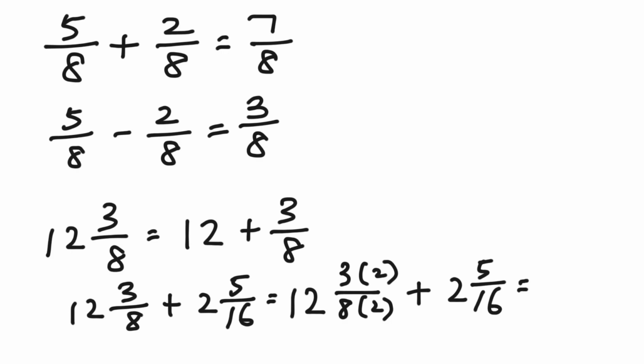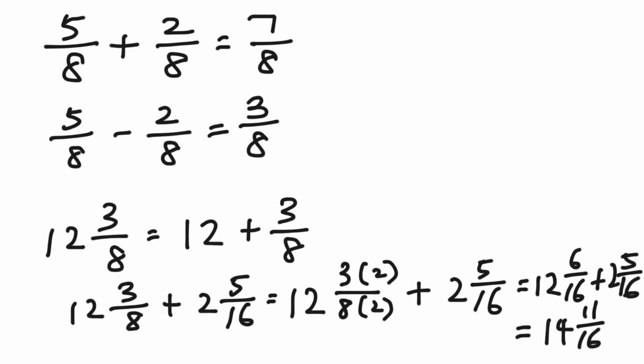And the answer that we would have would be 12 6/16 plus 2 and 5/16. And the answer for that would just be 14 11/16. Okay, so that would be the answer for the addition.